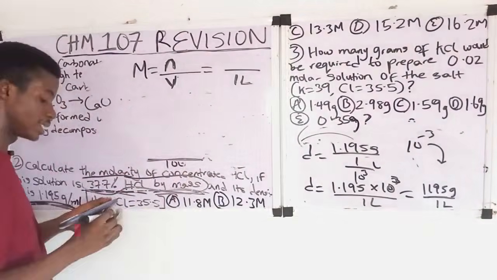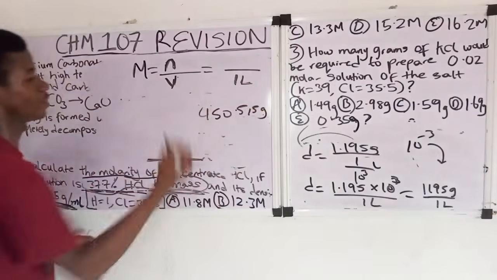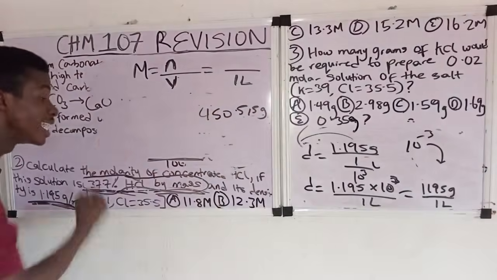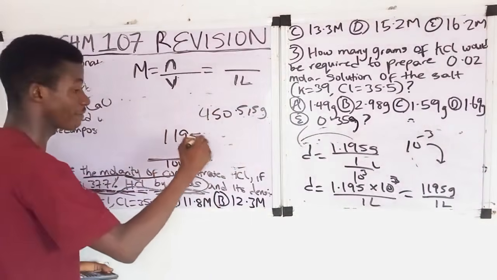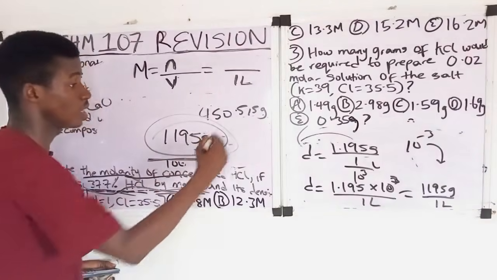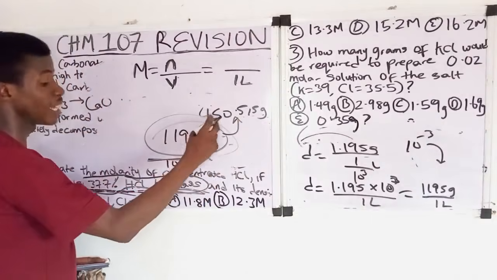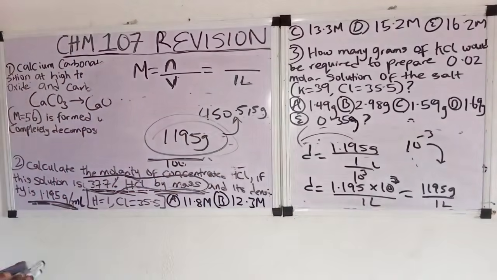If we do everything, the mass of hydrochloric acid in the whole solution will be 450.515 gram. So out of the entire mass of the whole solution, which is 1195 gram, 450.515 gram is the mass of hydrochloric acid.